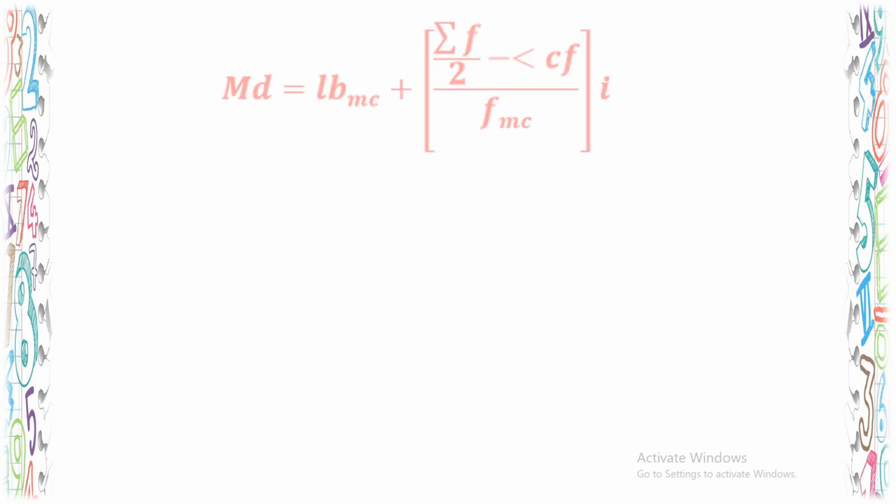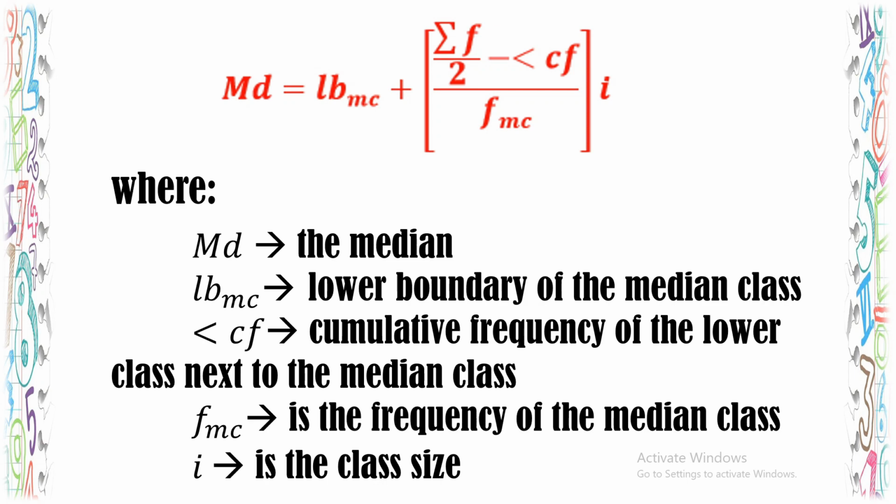So to find for the median of a grouped data, we use the formula MD is equal to LB sub MC plus summation of F over 2 minus less than CF all over F of MC times I, where MD represents the median, LB sub MC is the lower boundary of the median class, the less than CF is the cumulative frequency of the lower class next to the median class, the F sub MC is the frequency of the median class, and I is the class size.